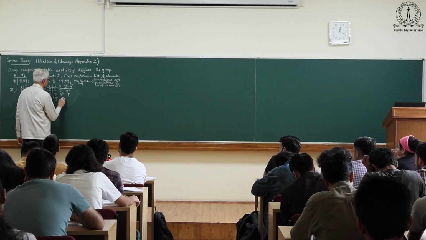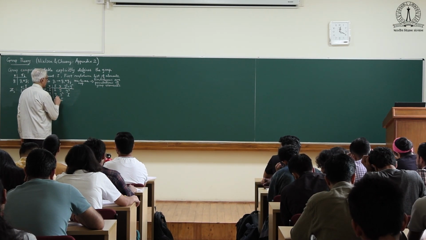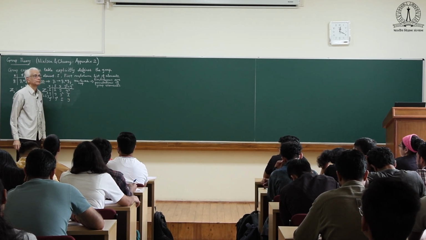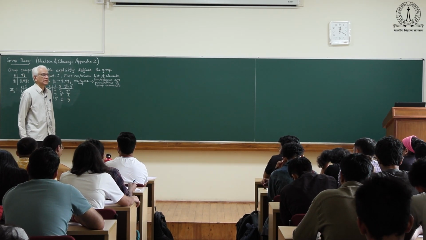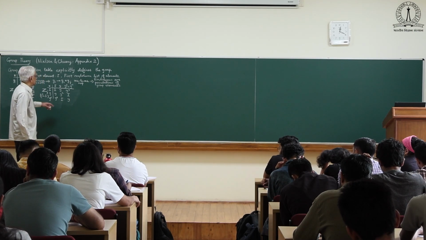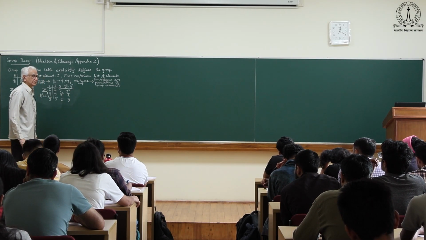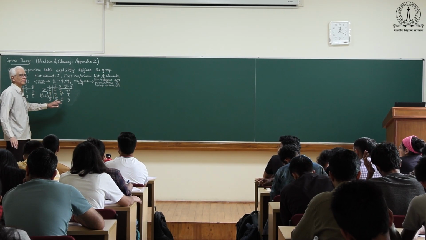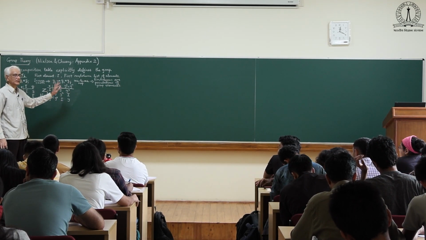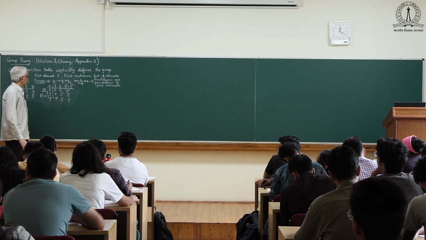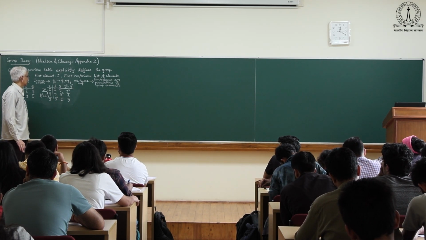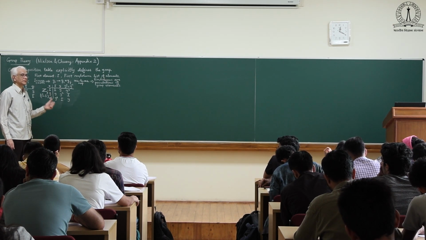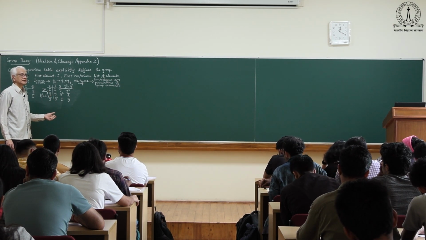G square times G is again identity, and G square times G square is G to the 4, which will reduce to G. So this kind of structure works. And remember, I am not using anything complicated, just the properties which were defined by the rules of the group. There has to be identity, there has to be a composition rule, it has to be closed, and there is an inverse.